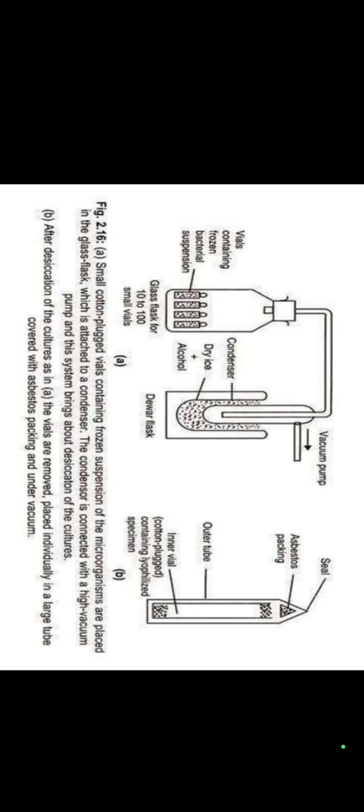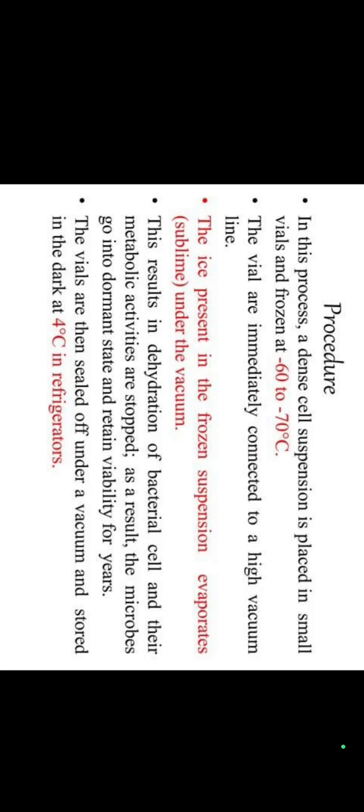After desiccation of the cultures, the vials are removed and placed individually in a large tube covered with asbestos packing under vacuum. Procedure: in this process, a dense cell suspension is placed in small vials and frozen at minus 60 degrees Celsius to minus 70 degrees Celsius. The vials are immediately connected to a high vacuum line. The ice present in the frozen suspension evaporates under the vacuum.